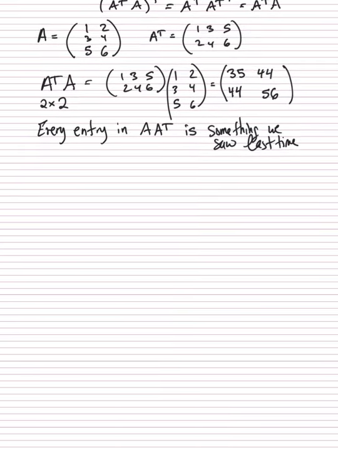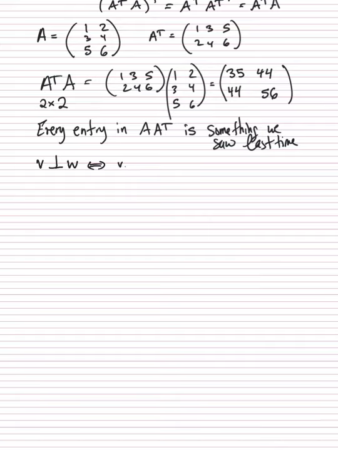Last time I defined v perpendicular to w if and only if v1 w1 plus v2 w2 up through vn wn is equal to 0. And this is exactly what you're doing by taking the product of these matrices.